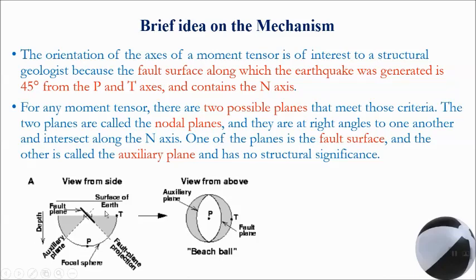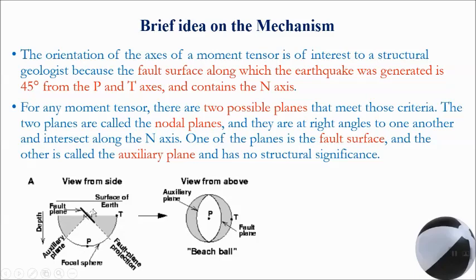Let's come to the figure below. Here we can see that suppose we have the P axis in this hemisphere, where the P axis is in the bottom part and the T axis is in the right hand direction. The fault plane is at 45 degrees to the P and T axes, but there will be one more plane which is also at 45 degrees to both these axes.